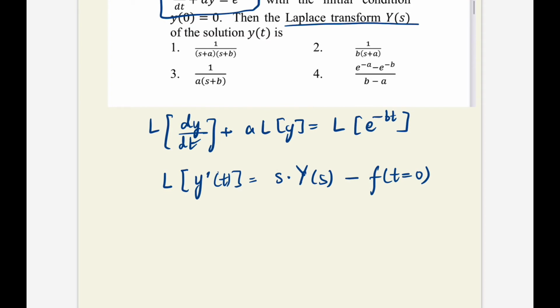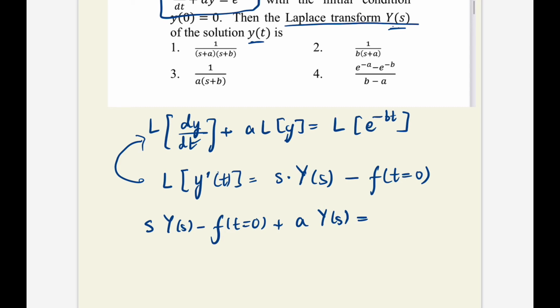So when we put this into the above equation, this becomes s of Y of s minus f of t at t equals 0, plus a times the Laplace transform of y, small y, which is Y of s. Therefore this is capital Y of s. So this becomes this, and what else has to be done?